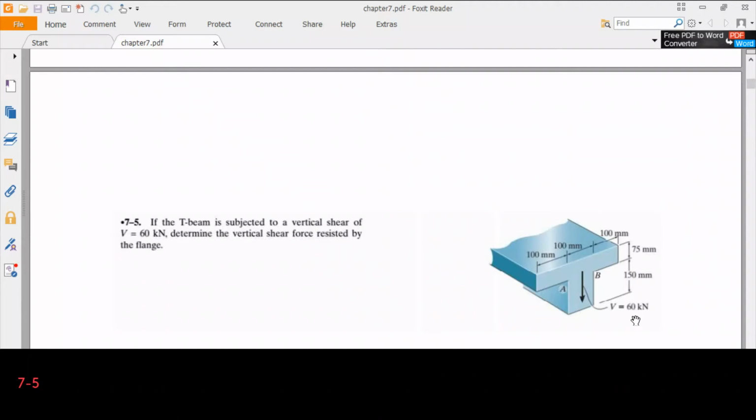So let's first draw the cross section of the beam and then define the variables. So this is our flange.